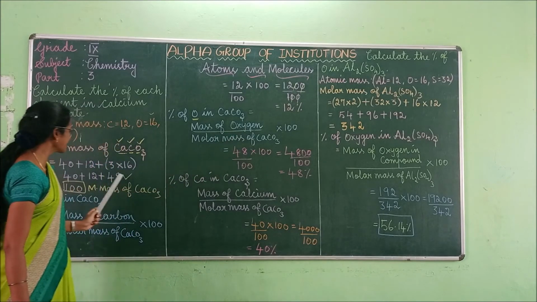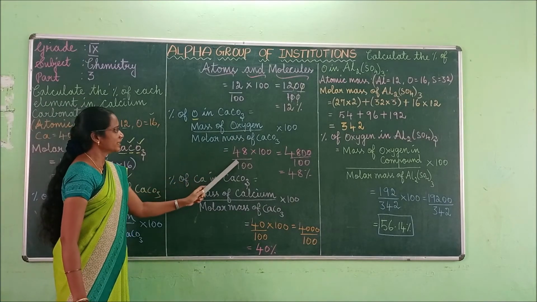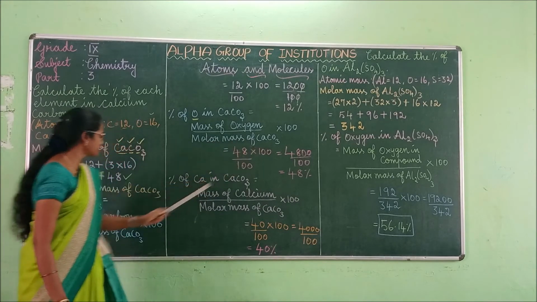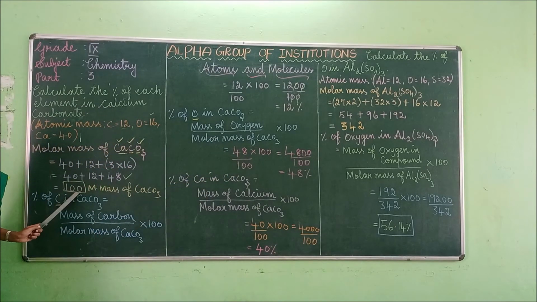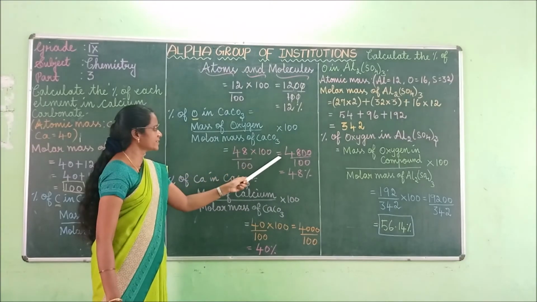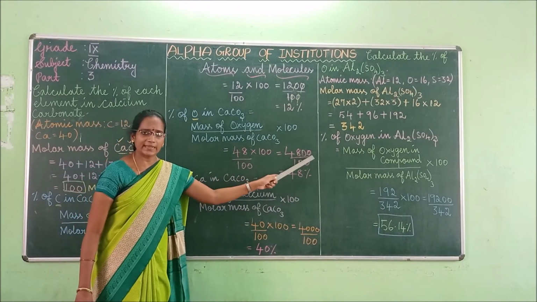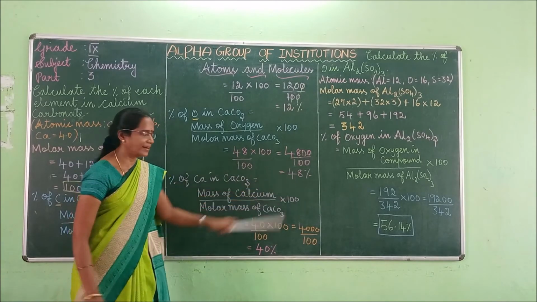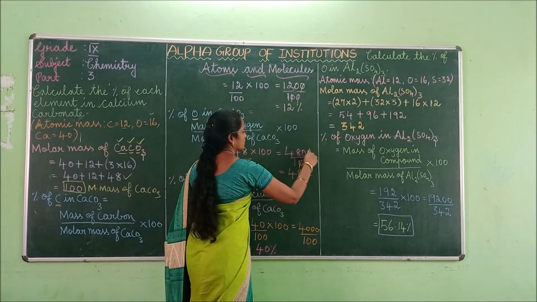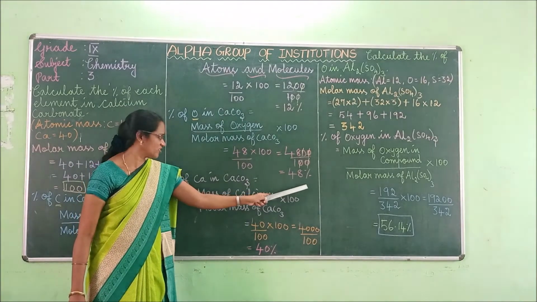The mass of oxygen is 48 divided by the molar mass of calcium carbonate, which is 100, into 100. That is 48 into 100, so you will get 4800 divided by 100. Cancel the zeros. What you are getting? You are getting 48%, right?